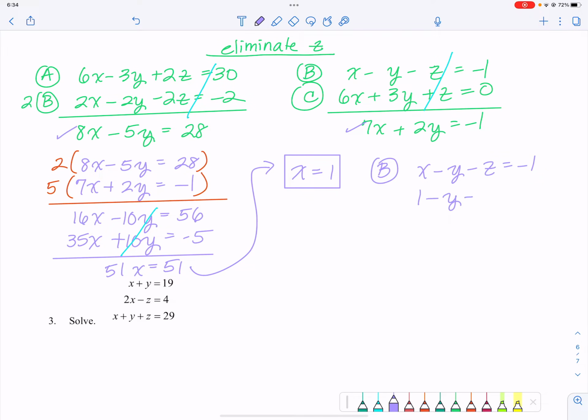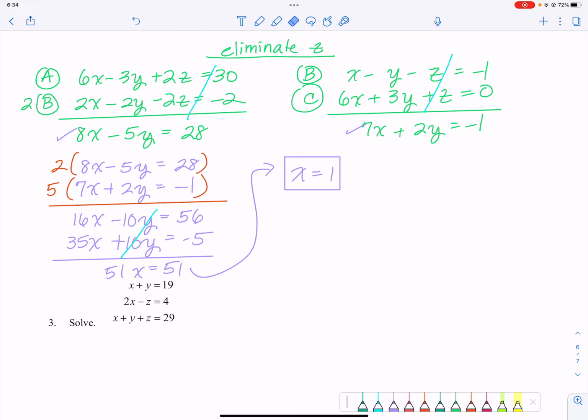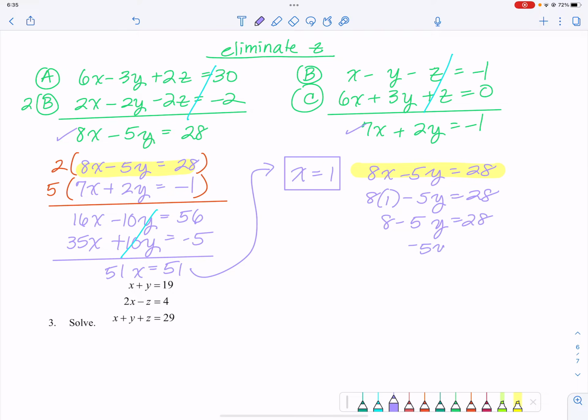So 1 minus y minus z equals, and we had, whoops, we probably can't do that yet because we need to plug 1 into one of these equations here, x equal to 1. So we'll just go ahead and go into this second equation, and we have 8x minus 5y equals 28, and we have to now solve for y before we can go back into one of the original equations.